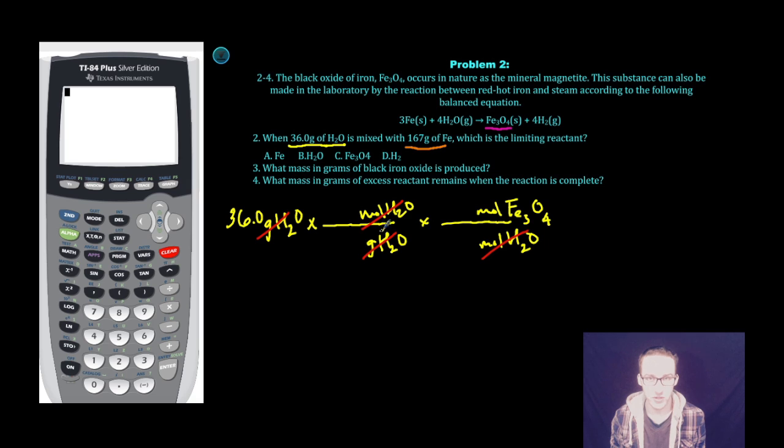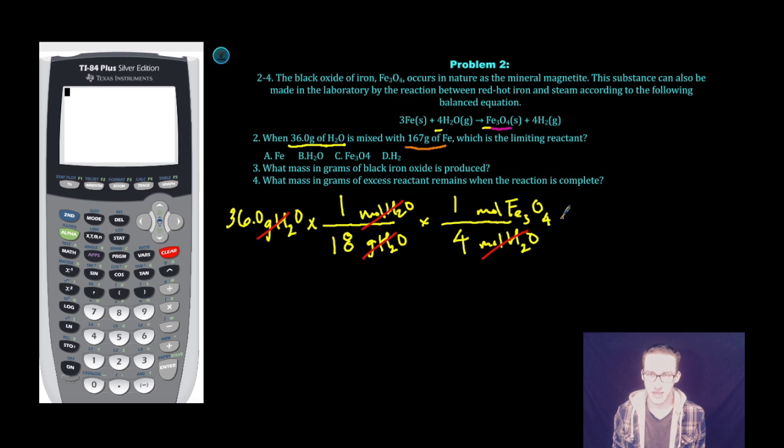My first conversion factor is a mole to gram relationship, which I can get from the periodic table. 1 mole of H2O has an approximate mass of 18 grams. And then a mole to mole ratio comes from the balanced chemical equation. As I compare water to Fe3O4, for every 1 mole of Fe3O4 produced, I need 4 moles of water.